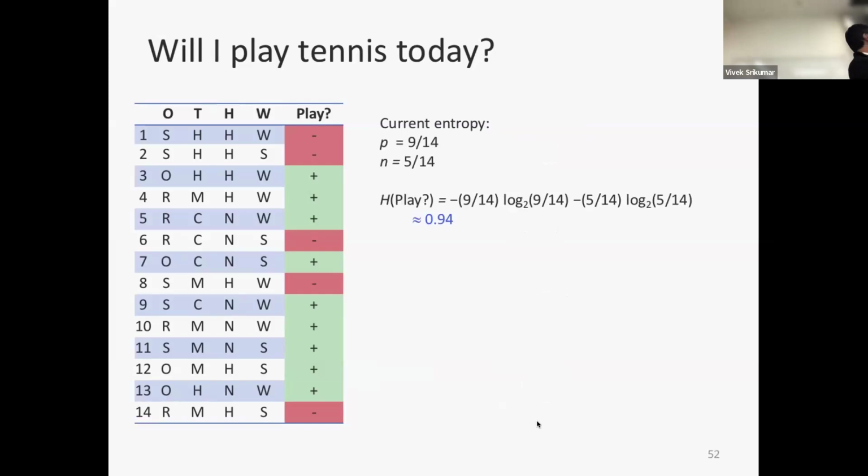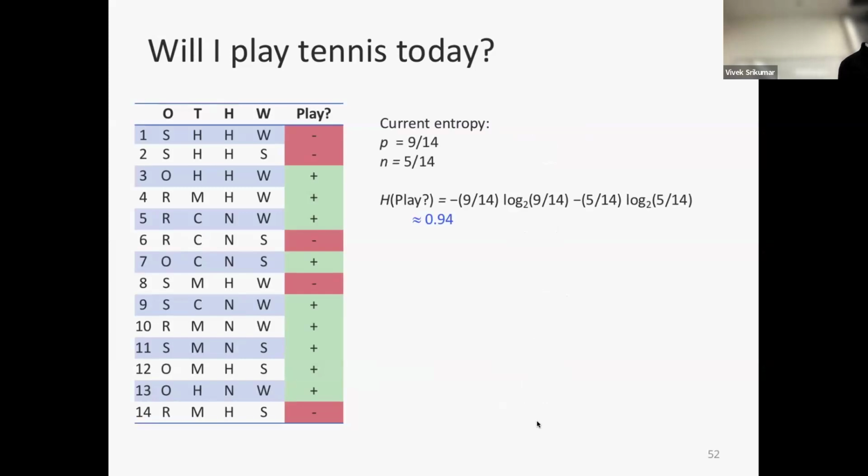First of all, before we do anything, we need to calculate the entropy of the data. There are 14 examples here, and 9 of them are positive and 5 of them are negative. What I call P plus, I've called P here, and what I call P minus, I call N here. So P plus N adds up to 1.